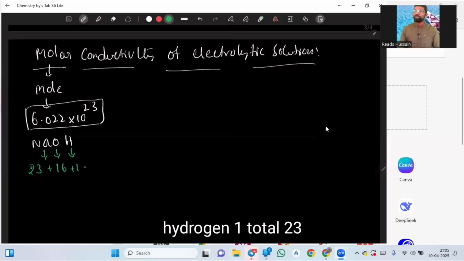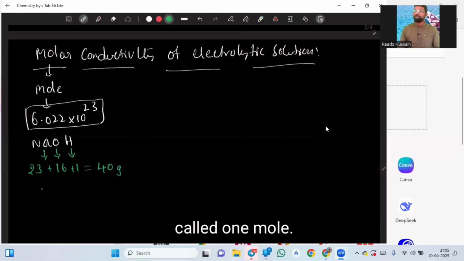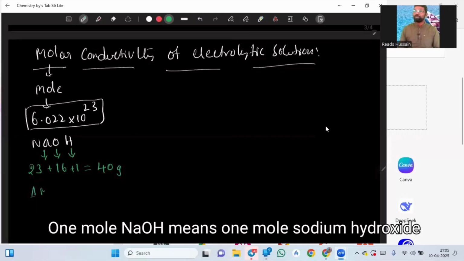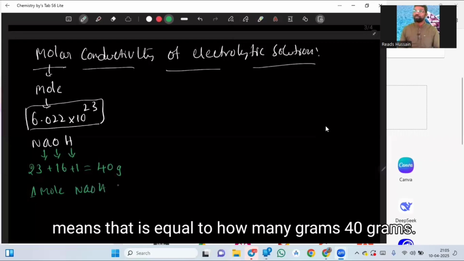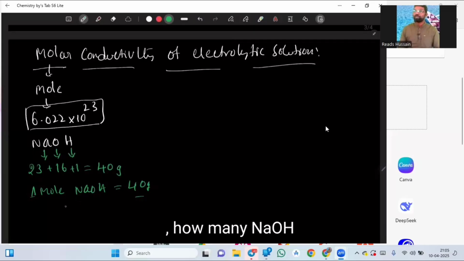Total 23 plus 16 plus 1, total 40. If you take 40 grams of NaOH, that is called 1 mole. 1 mole sodium hydroxide is equal to how many grams? 40 grams. It consists of how many formula units? How many NaOH units?